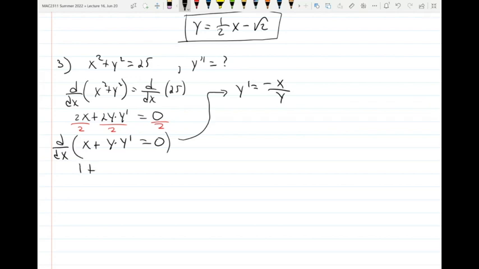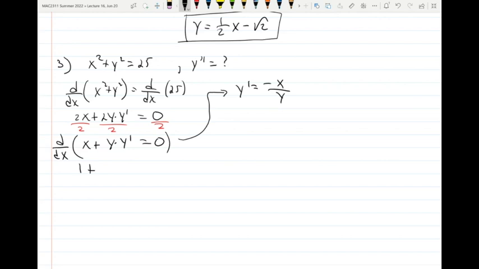And I'm going to get 1 plus, now what do we do with this derivative? How do we take the derivative of this? Product rule. So everybody understand this? There is a product of 2 functions here. Derivative of the first. What's the first function? So the first function is y.